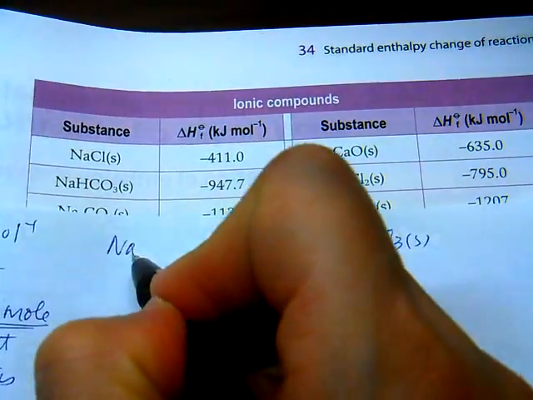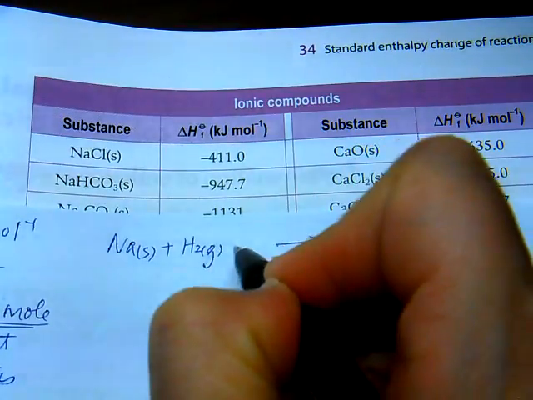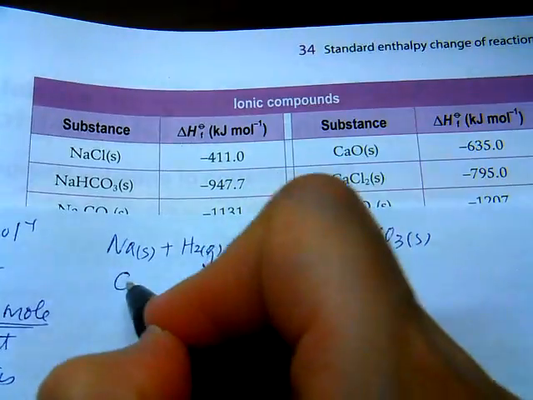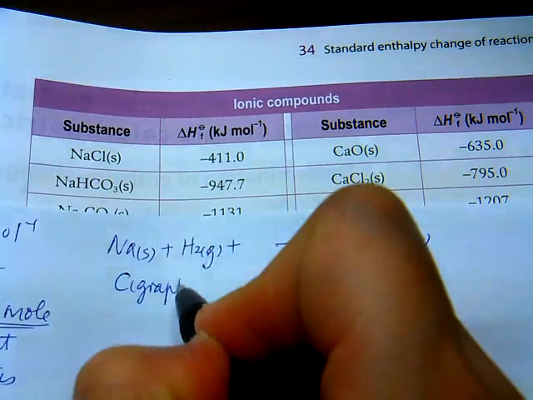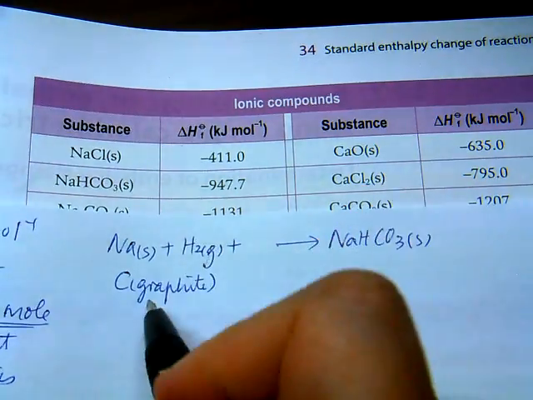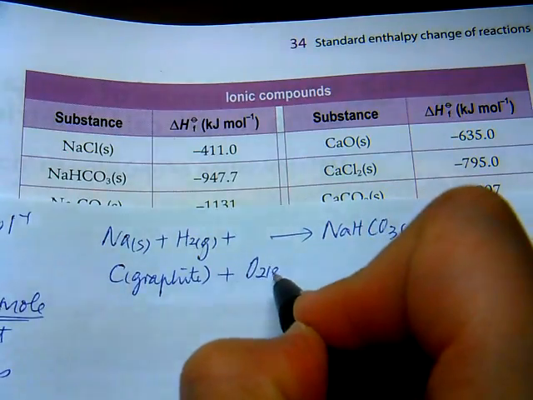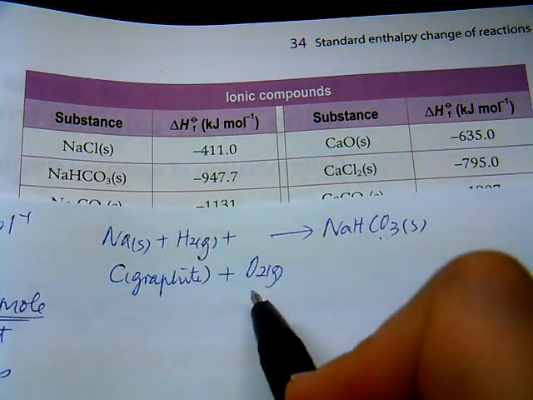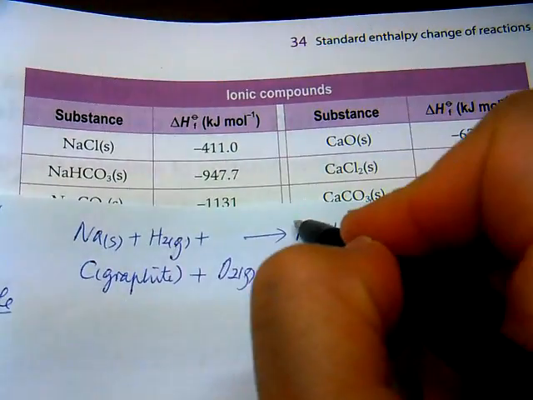Its elements are sodium solid, H2, carbon. Bear in mind, the stable physical state at standard condition is graphite. So we need to write down graphite. And then O2. These are their elements.